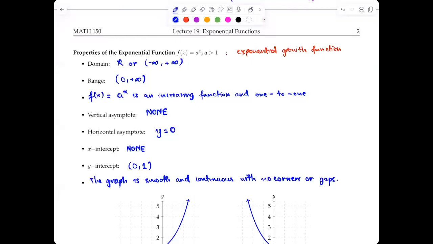For an exponential growth function, it is always an increasing, one-to-one function. For the vertical asymptote, there's always no vertical asymptote. The horizontal asymptote depends on the function; we will have different horizontal asymptotes. The x-intercept again depends on the function. Also, the y-intercept depends on the function. And it is always the case that the exponential function is continuous and smooth.